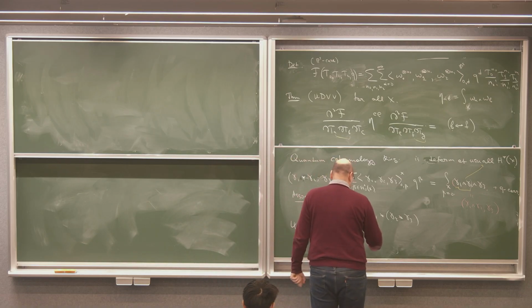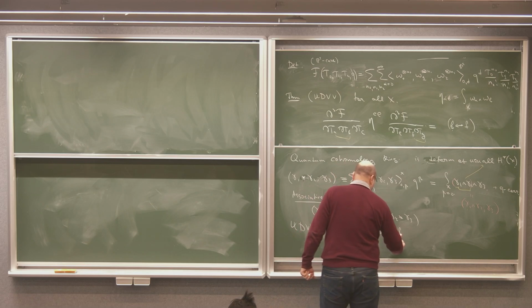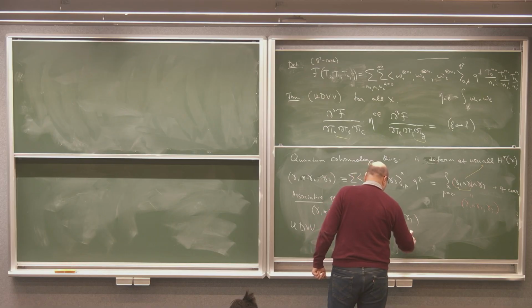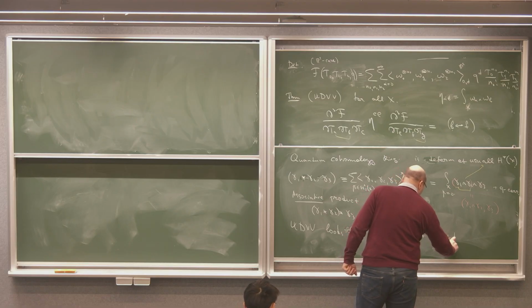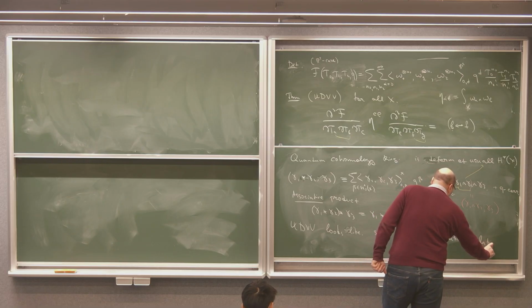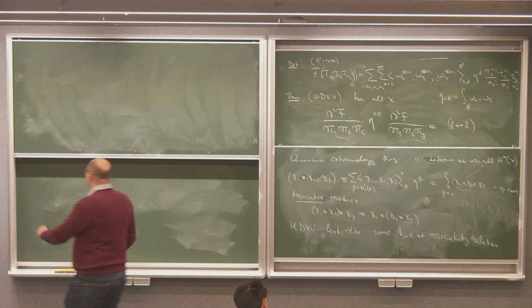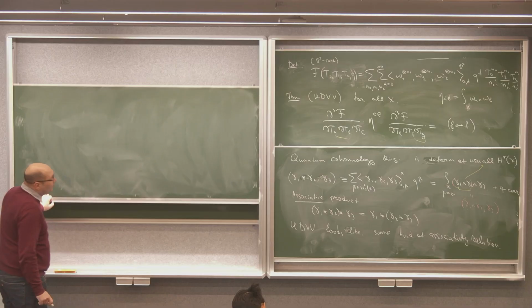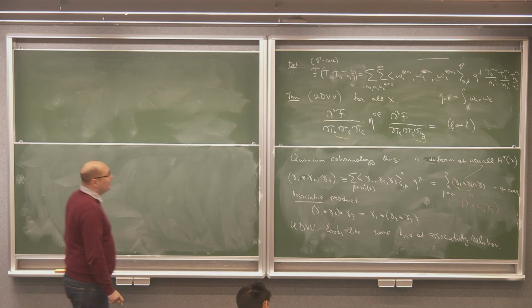So it looks like some kind of associativity. And it not only looks like an associativity relation, it indeed can be formulated as an associativity relation if we introduce the following.